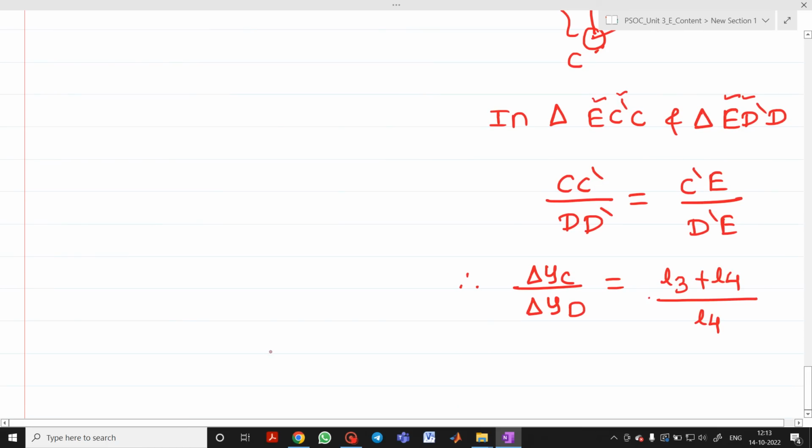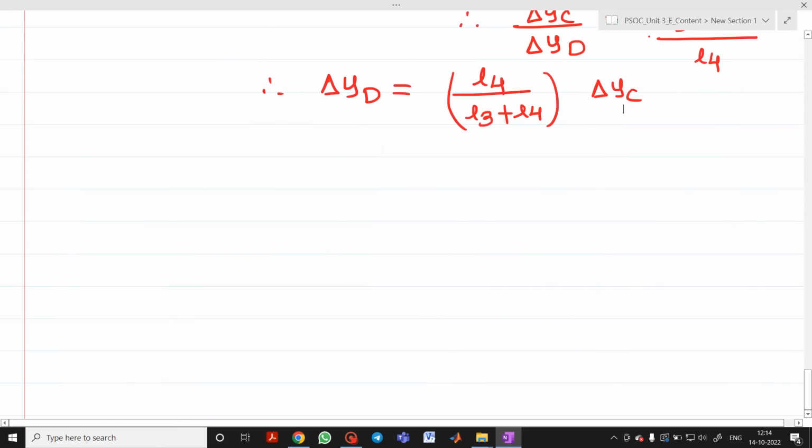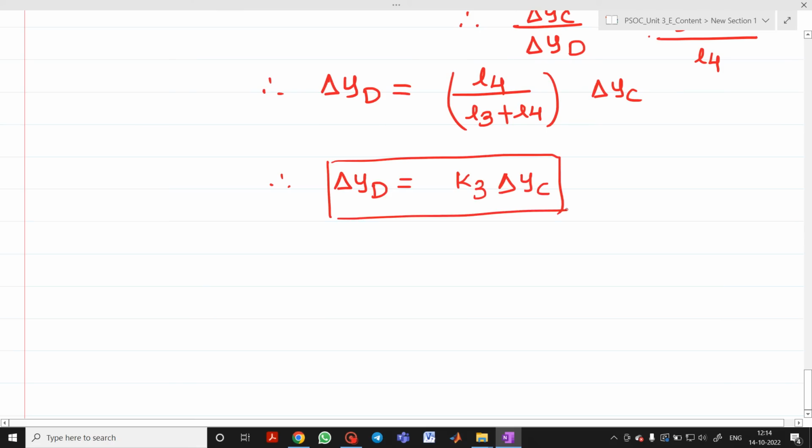So can I write an expression for delta YD? Yes, delta YD will be equal to L4 divided by L3 plus L4, into delta YC. In place of L4 upon L3 plus L4, I can take one constant. So delta YD will be equal to K3 into delta YC. Let us take this as equation number 8.